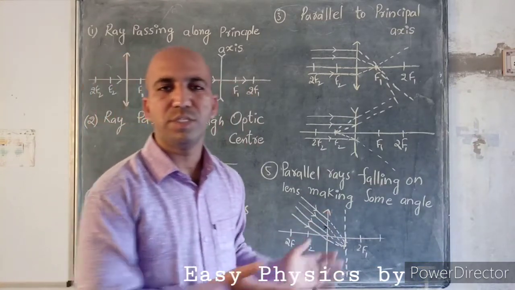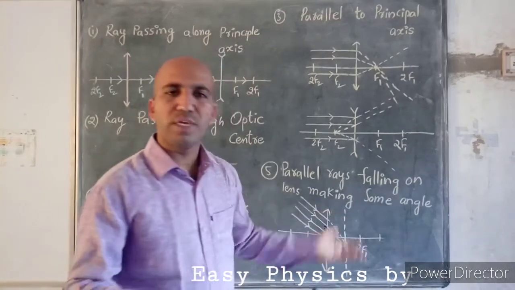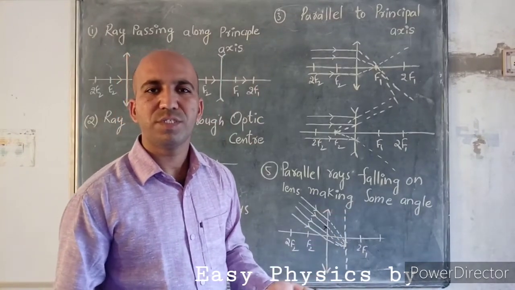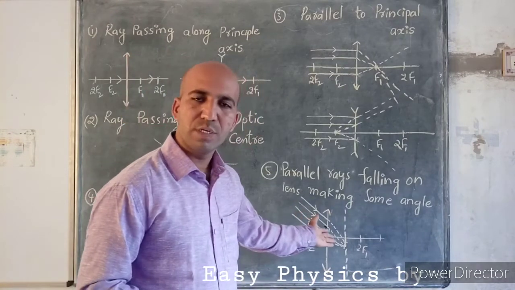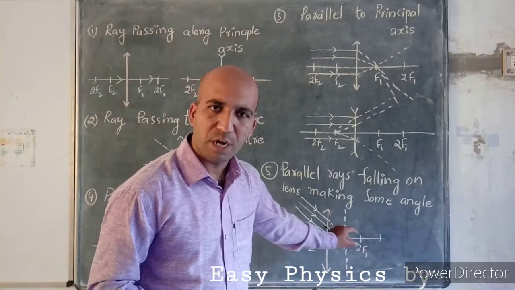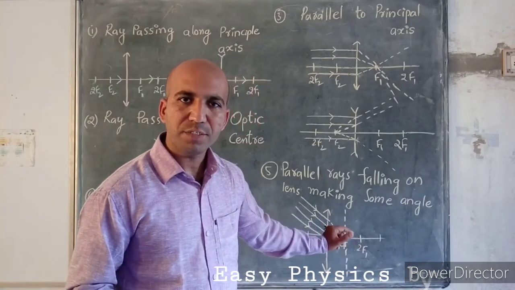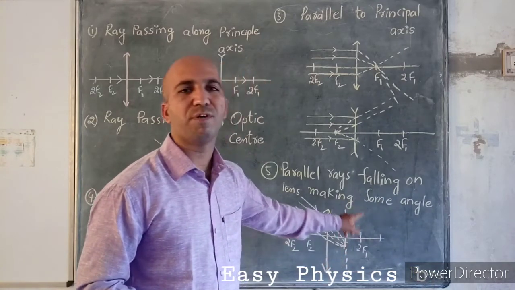What happens in this type of case? So here we know that a convex lens is a converging lens. So when a beam of parallel light is falling on a convex lens, all light rays will converge at a point, and that point will be on the focal plane of that lens.